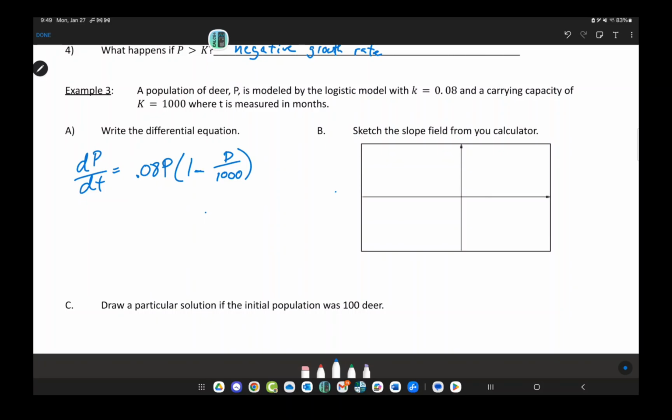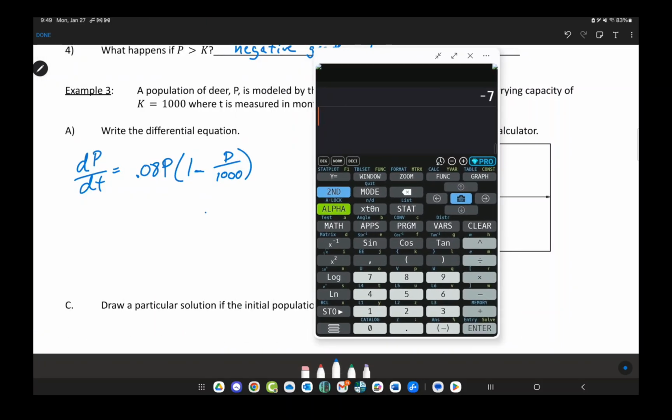Let's see here. Let's plug this function in.